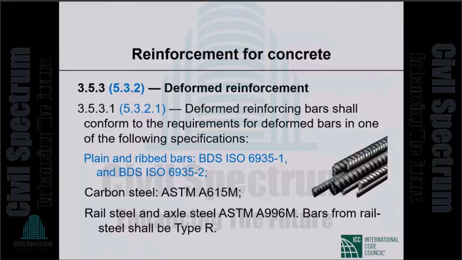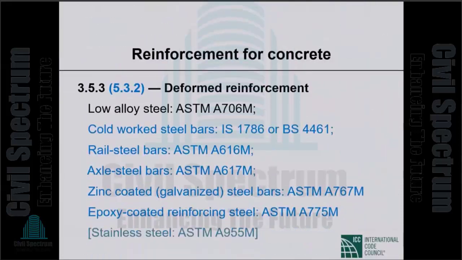BNBC 2020 is based on ACI 318-08, so it cites the old standards rather than the new A996. It used to be A616 for rail steel and A617 for axle steel. And then galvanized bars A767 and epoxy-coated bars A775.